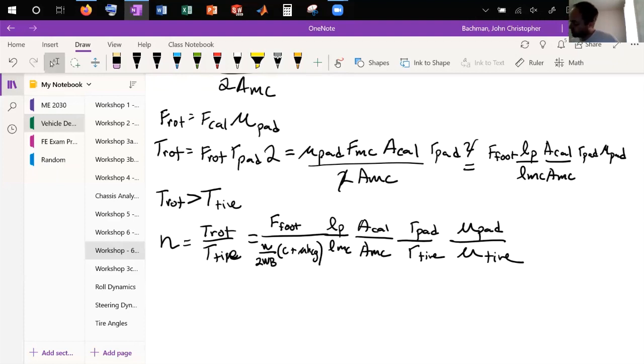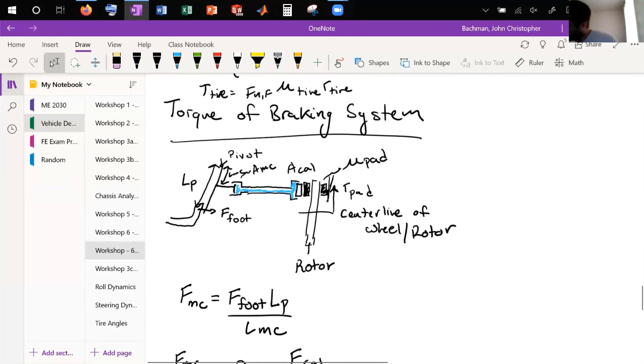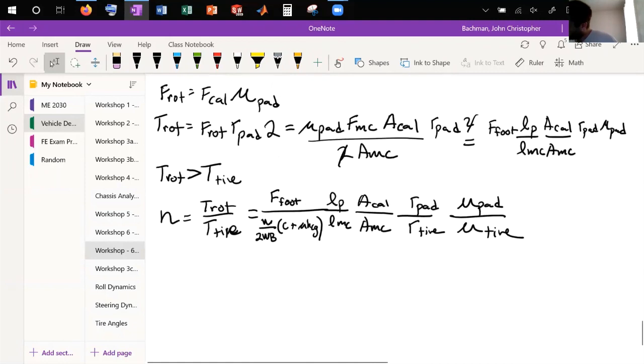And so this is kind of an interesting formulation at this point. You can see it's basically just a lot of ratios, right? So you have the ratios of the force that you can apply to the normal force, the ratios of the length of the pedal, length of the master cylinder, area on the slave cylinders to the area of the master cylinder, the radius to the pad to the radius of the tire, coefficient of friction of the pad, coefficient of the tire.